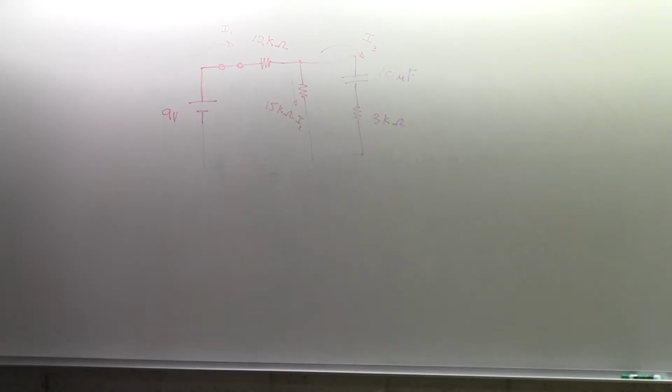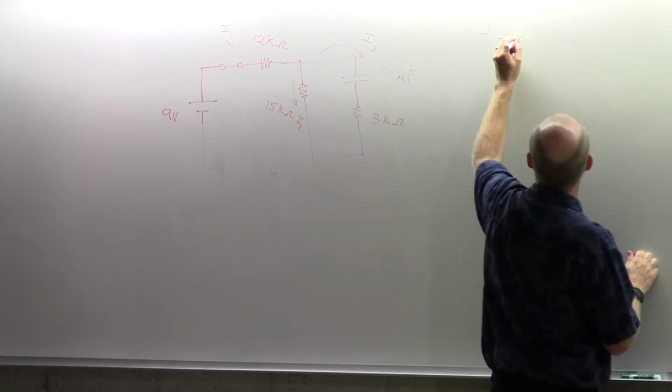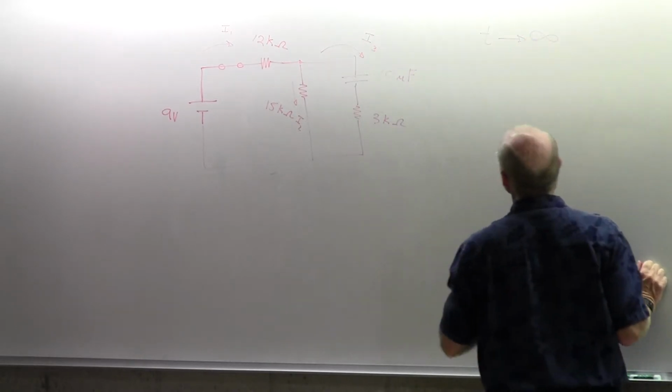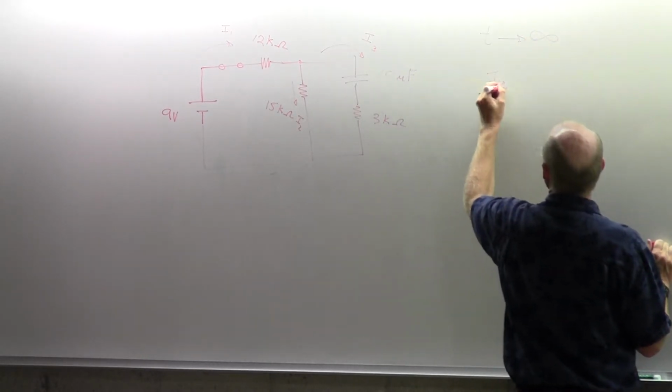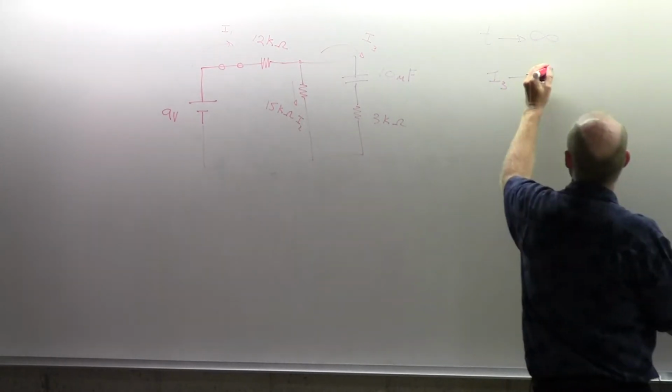But they were really kind of nice to us here at the beginning. They did say after a long period of time. So if I put as time goes to infinity, current number 3 goes to 0. All right, that was our discussion.